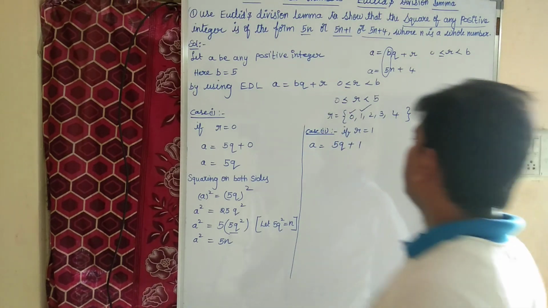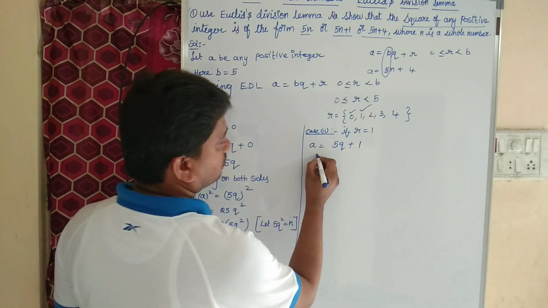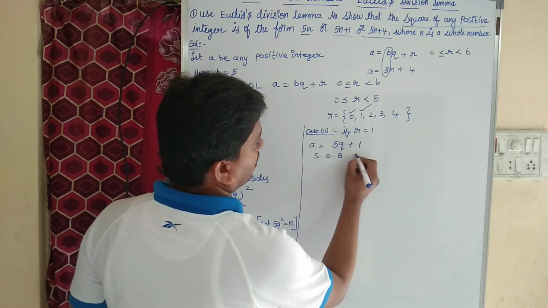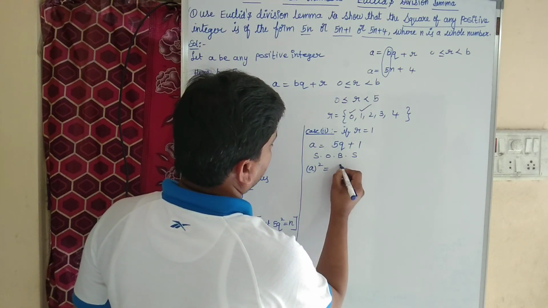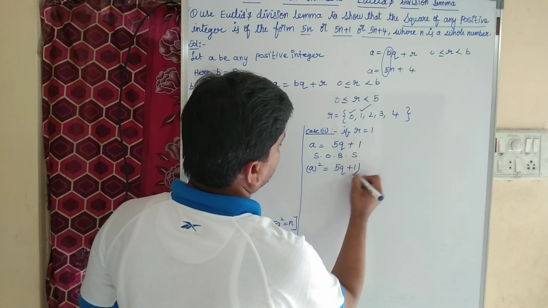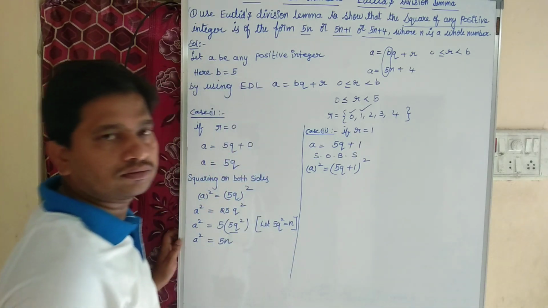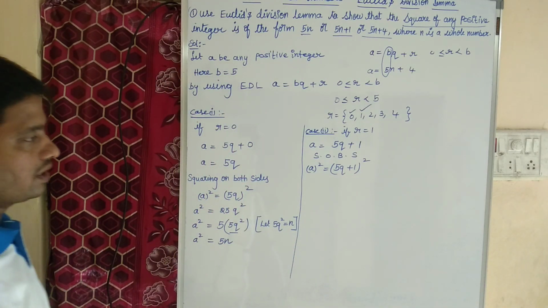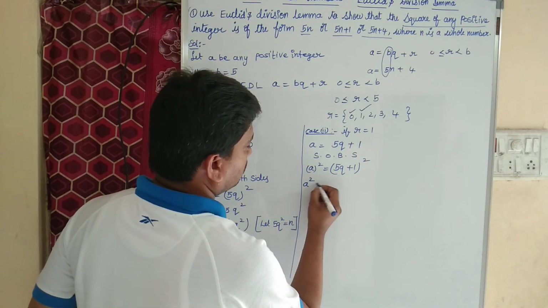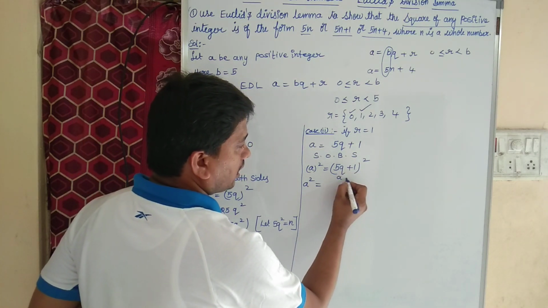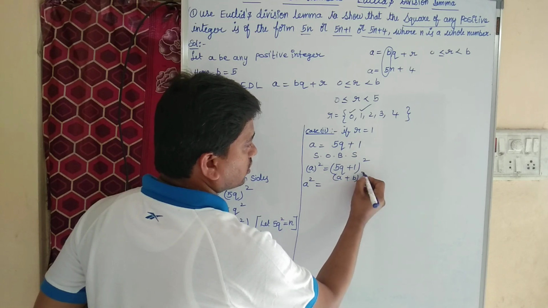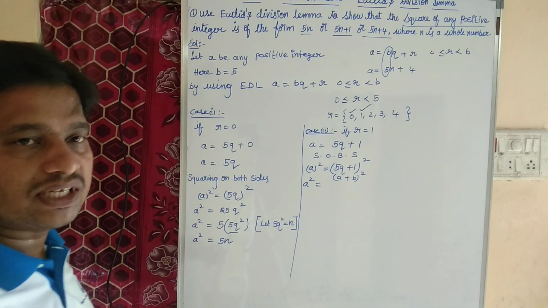Now what to do? Again squaring on both sides. I mean a square equal to 5q plus 1 whole square. Now which is in the form of a plus b whole square. What is the formula of a plus b whole square?